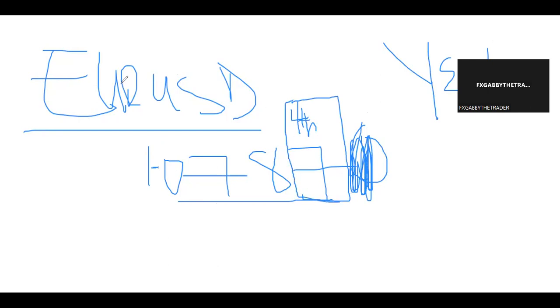So now, if Euro USD is currently buying or selling at 1.0787, and then let's say the market moves, now let's use downward, and then we now have 1.0784. From this number, how many pips down have we moved?